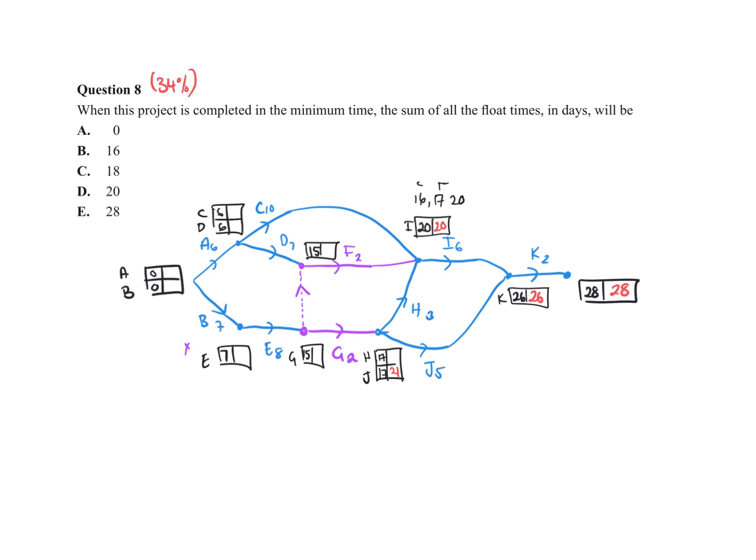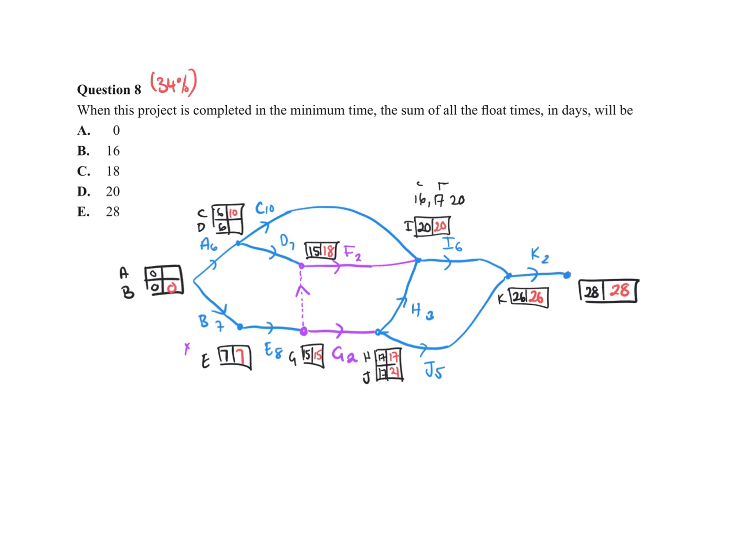I get to there. Then 20 minus 3 along H would be 17. Or 20 minus 10 along the C way would be 10. And then 20 minus 2 would be 18 there. And then I've got to do that. 17 minus down here on G, 17 minus 2 is 15. 15 minus 8 is 7. 7 minus 7 is 0.